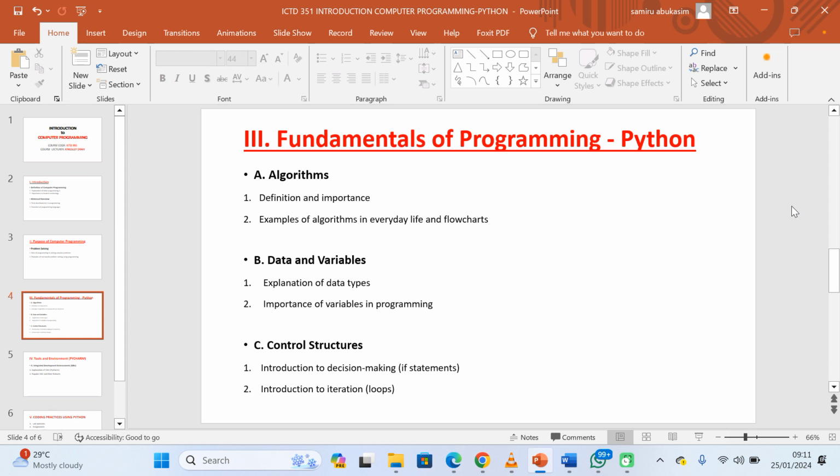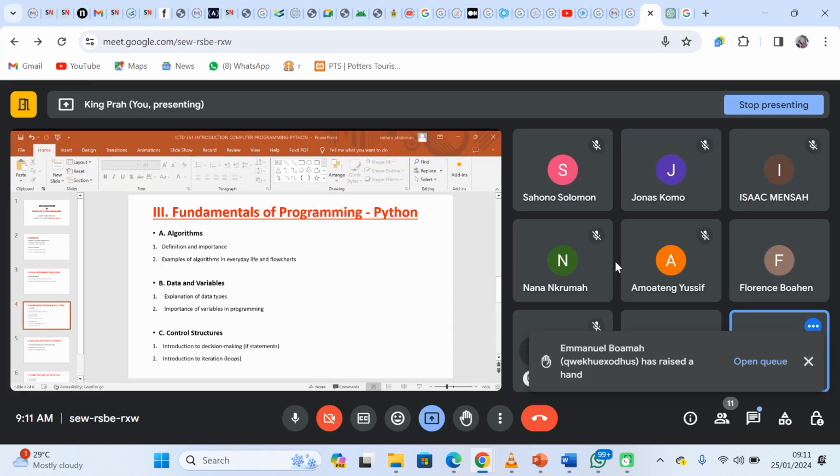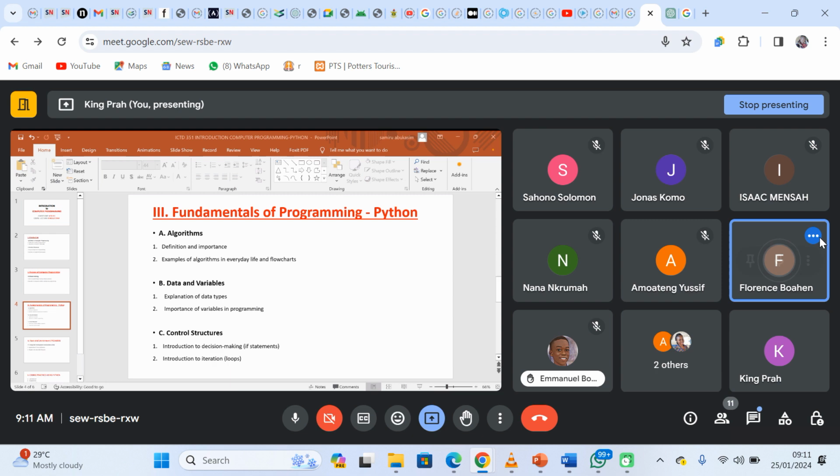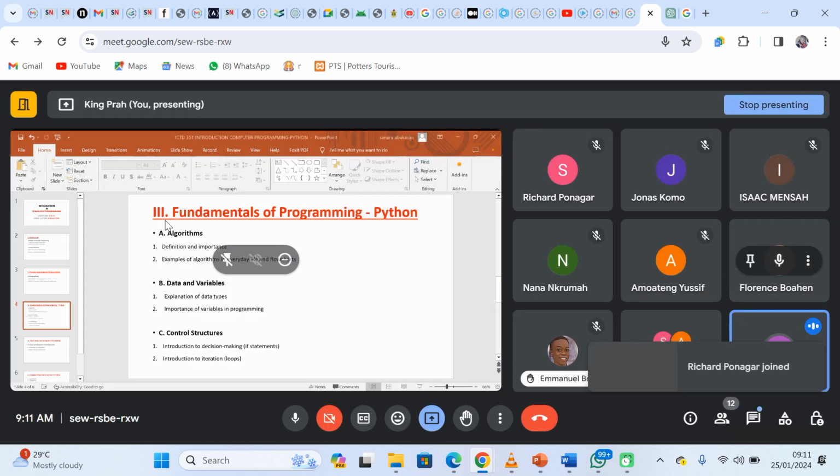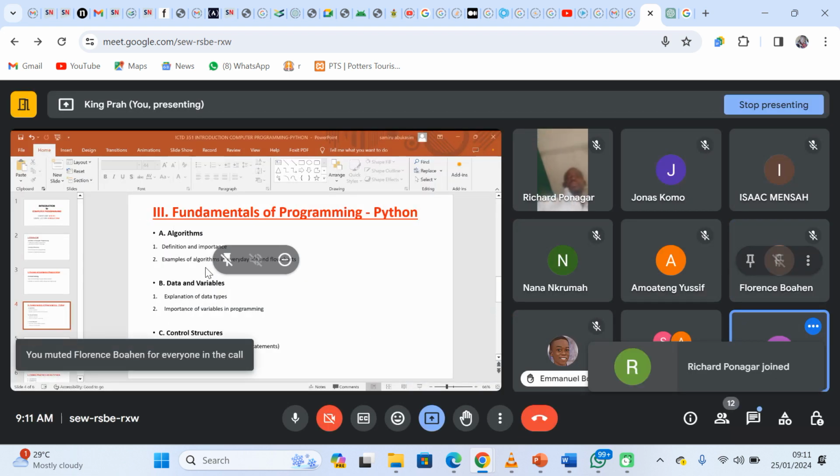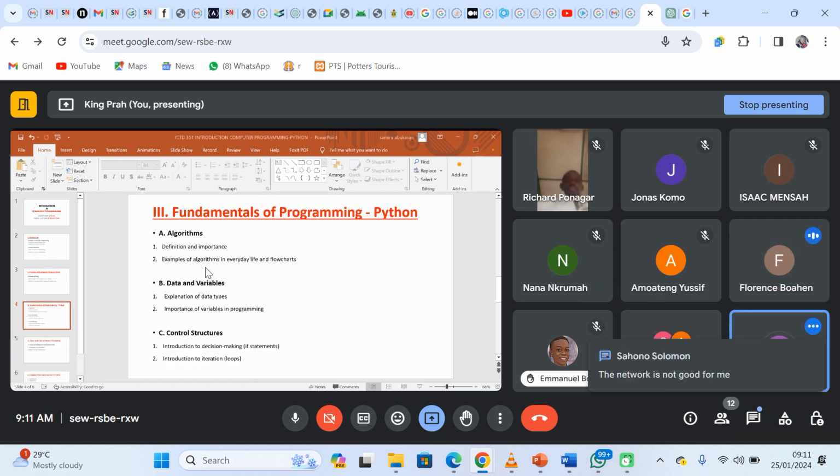With a little bit of the programming language, especially Python, you would be able to understand the programming to be able to solve the tasks ahead. Are we okay?